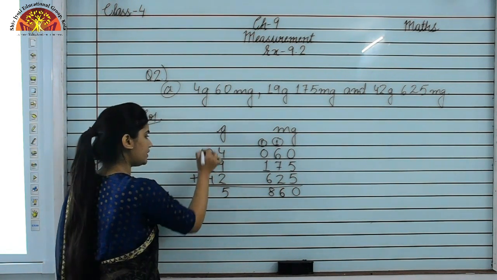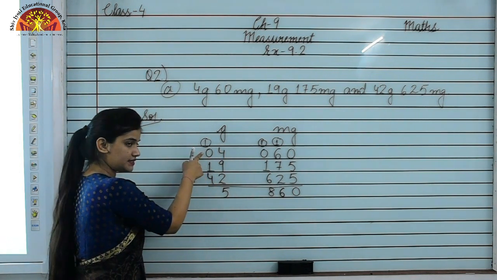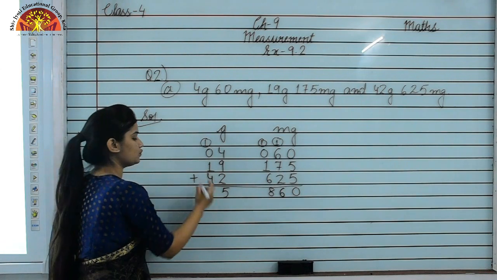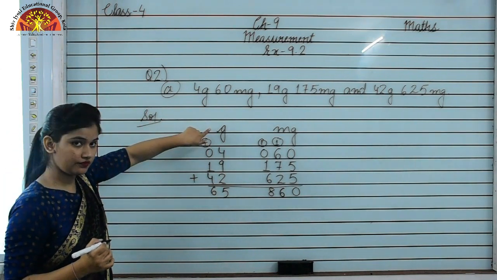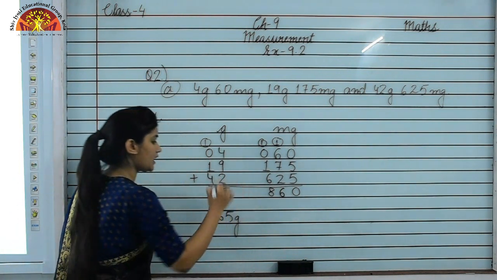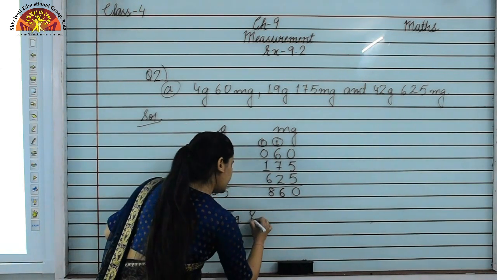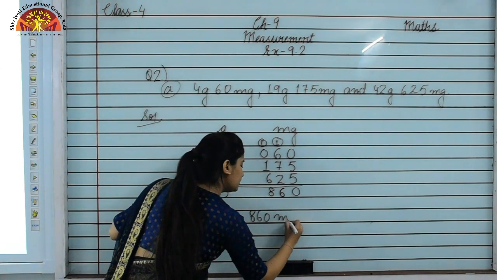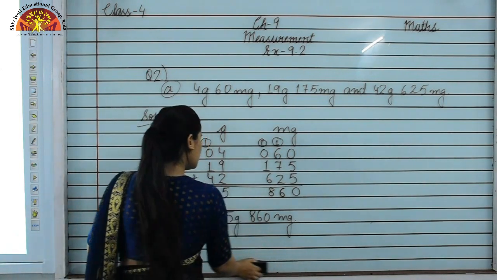So 5 I will write here, 1 carry over. 4 plus 1, 5. 5 plus 0 is 5 and 5 plus 1 is 6. So your answer is 65 gram and 860 milligram. Okay students, in this way you can add the numbers.